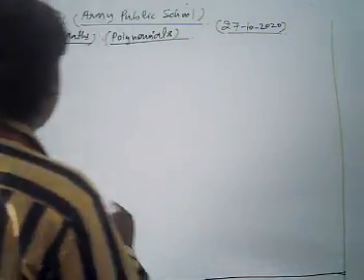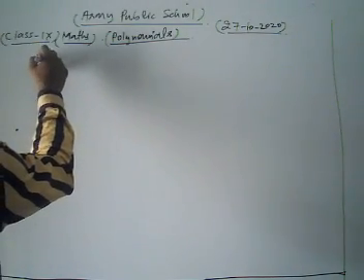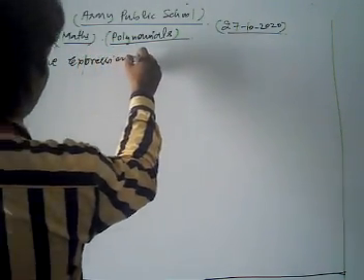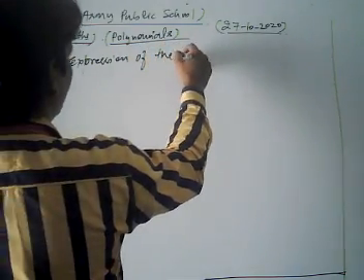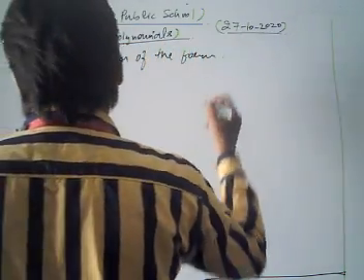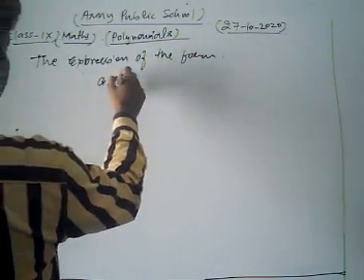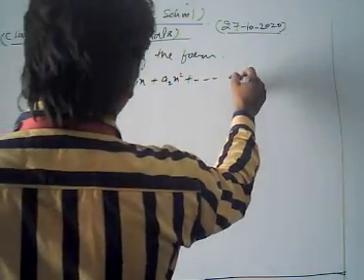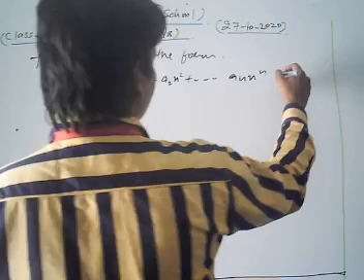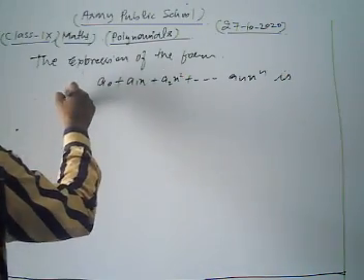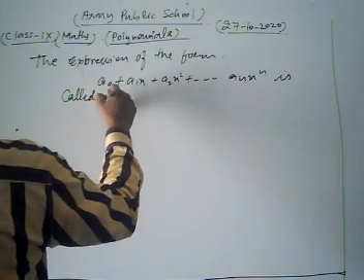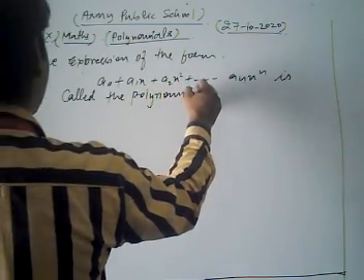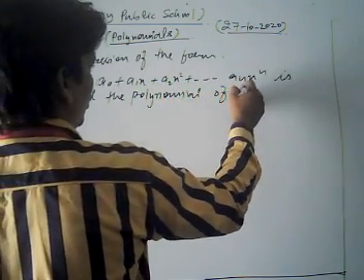Let us take an expression of the form a0 + a1 x + a2 x square + and so on up to an x to the power n. This is called a polynomial of degree n.